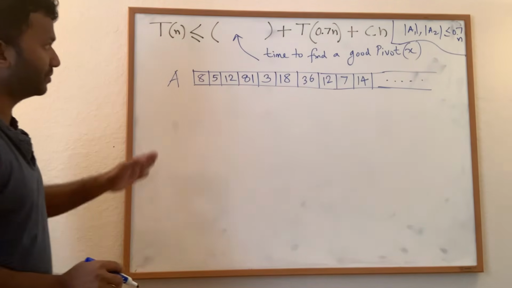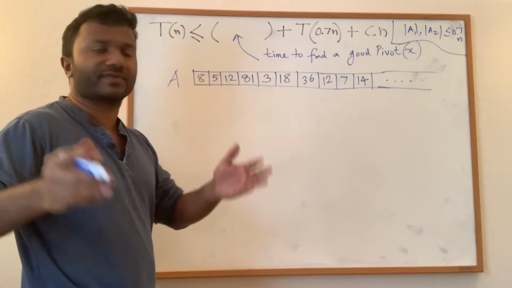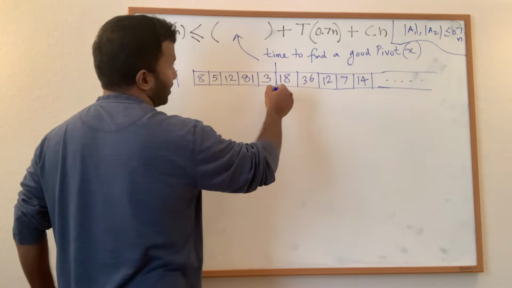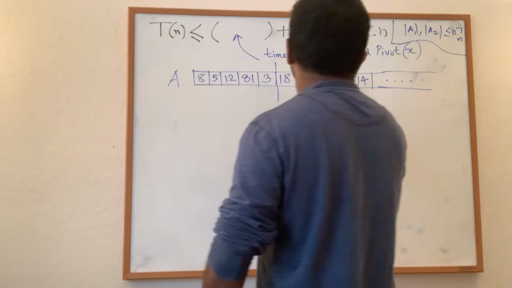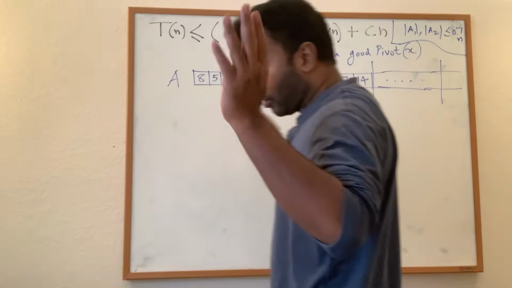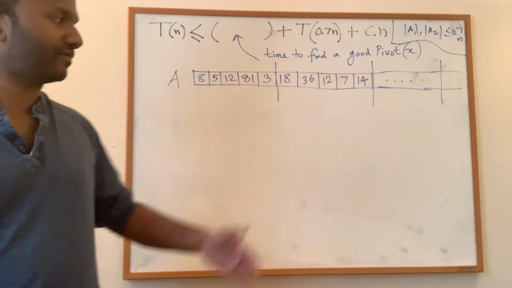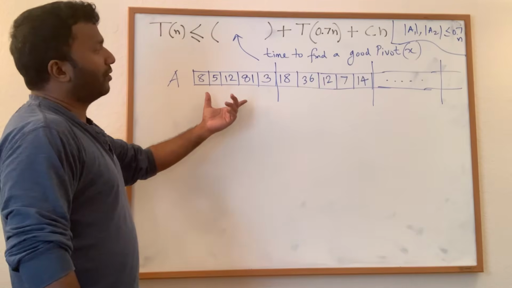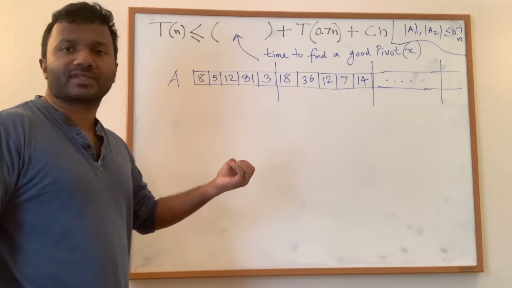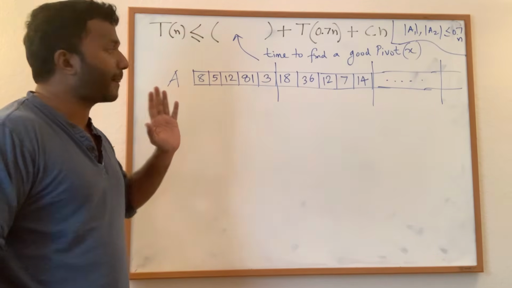This is what I'm going to do. I'll split the array into groups of size 5. So 1, 2, 3, 4, 5. 1, 2, 3, 4, 5, etc. And let me call all of these blocks for convenience. What I will do is, from each of these blocks, I'll pick the median.